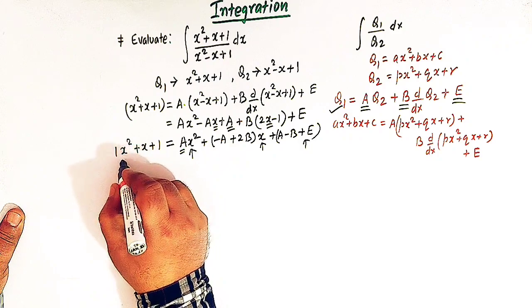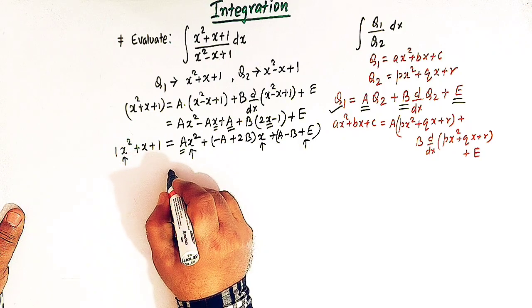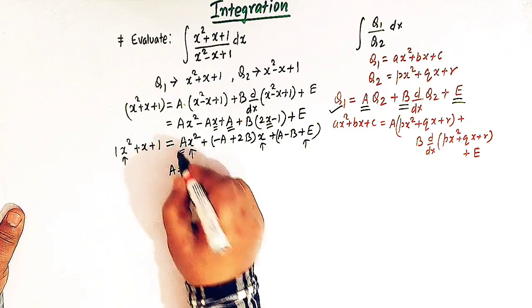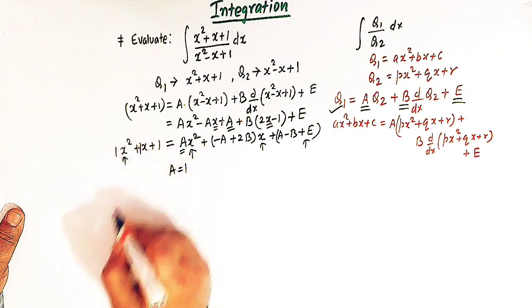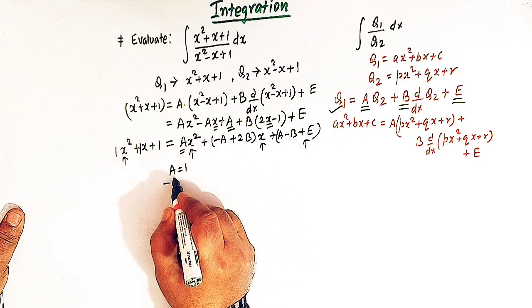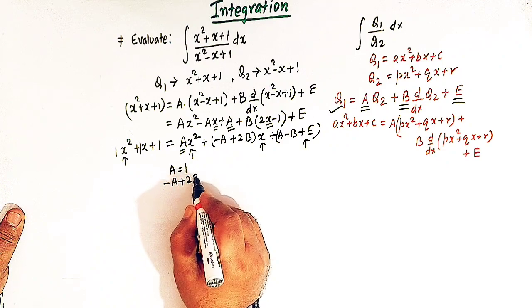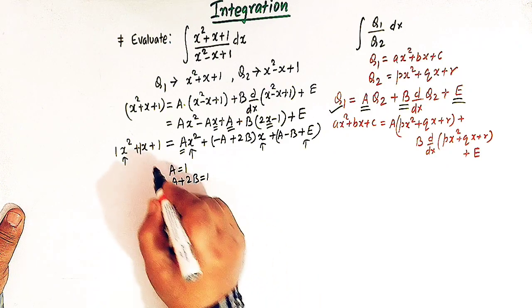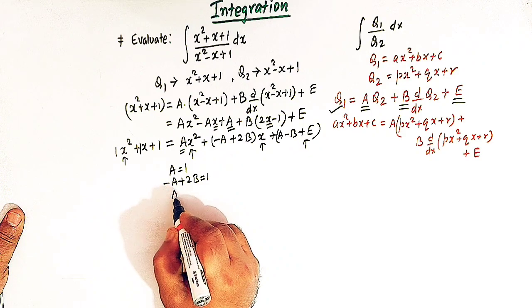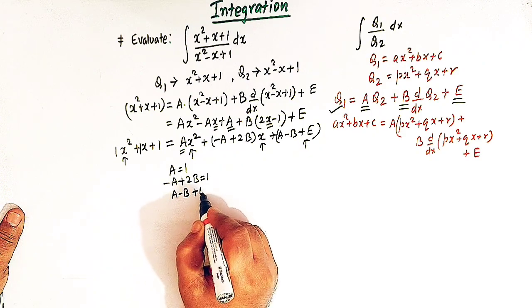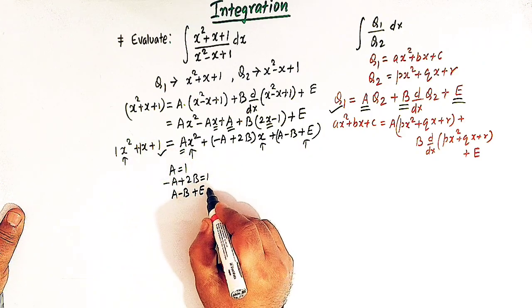So here the coefficient of x square is 1. So we have a is equal to 1. And here the coefficient of x is 1. So we have the equation minus a plus 2b is equal to 1. And the constant term is a minus b plus e, which is equal to 1, right?